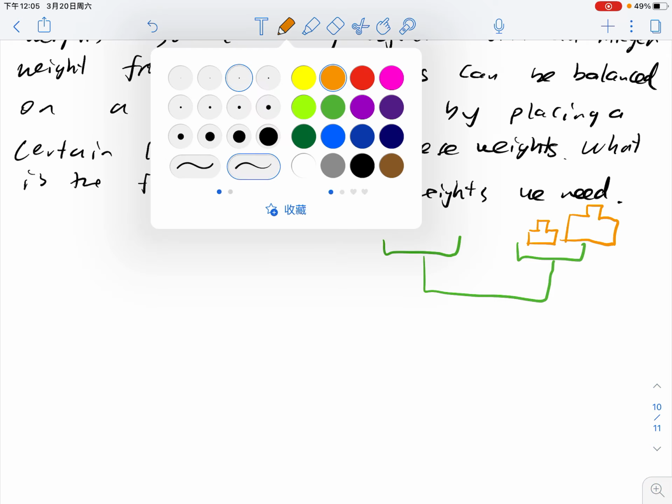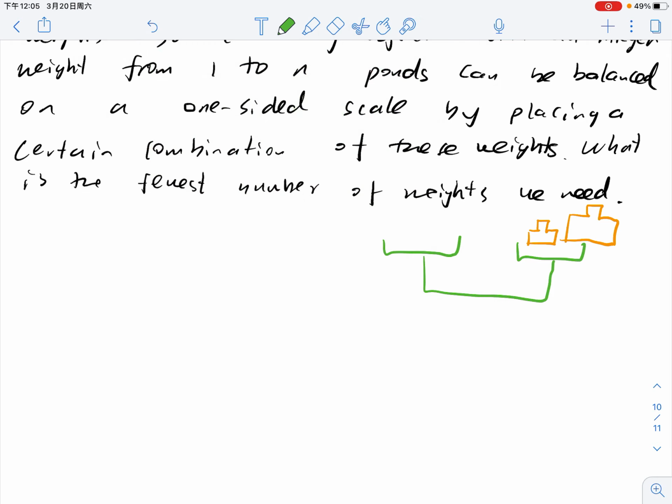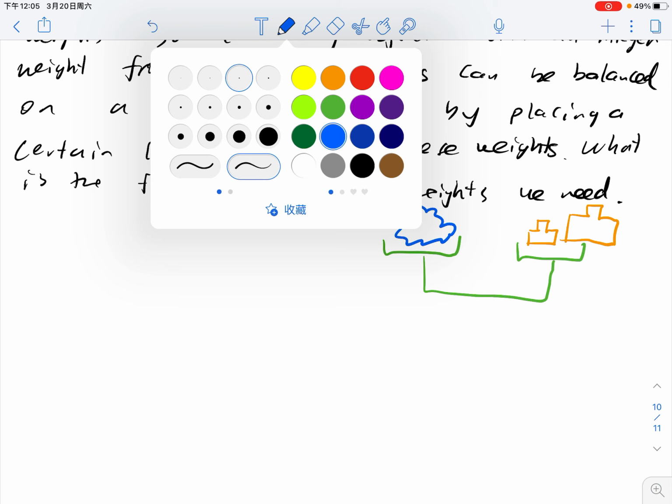And on the other side, no matter what objects you have, as long as it's from 1 to n pounds, it can always be balanced. Of course, here we assume the weight is an integer pound.